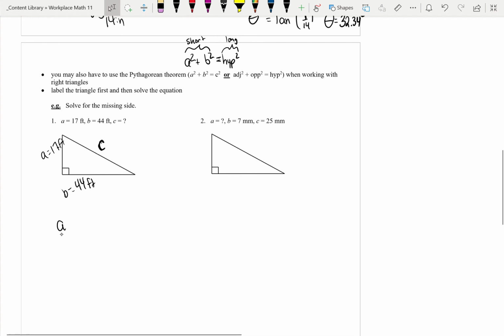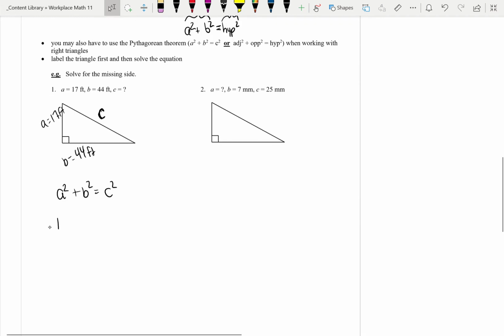So I'm going to set this up as A squared plus B squared equals C squared. So I have 17 squared plus 44 squared equals C squared. Now I need to make sure that I am squaring both values separately and then adding them up. As a reminder, 17 squared means 17 times 17.